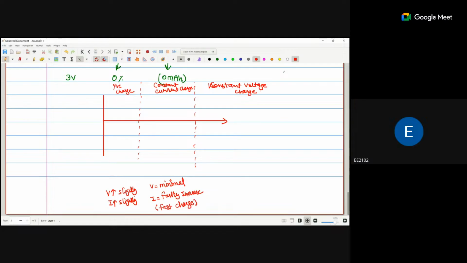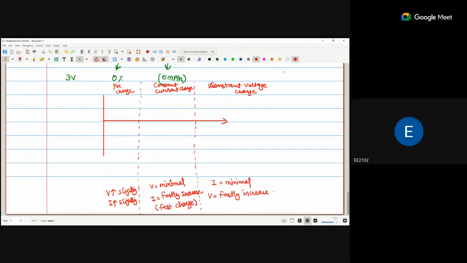Fast or turbo charging modes are available nowadays in mobile phones. In the constant voltage charging, the current will increase minimally, whereas the voltage will increase fast.